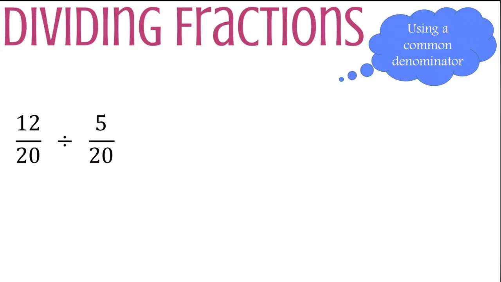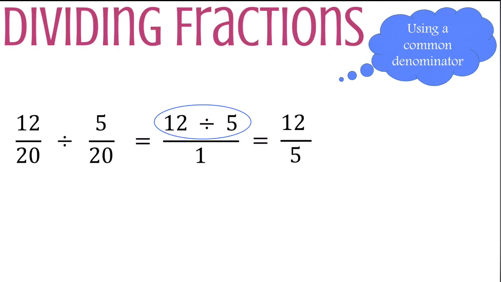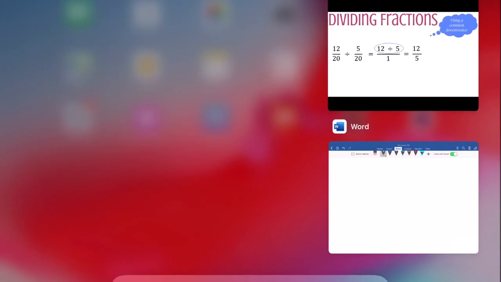Mathematically, we are simply dividing the numerators and dividing the denominators, giving us 12 divided by 5 over 20 divided by 20. Of course, 20 divided by 20 is going to give us 1. And we know that any number divided by 1 is itself. So we end up with an answer of 12 over 5. For those of you who may have forgotten how to turn an improper fraction into a mixed number, mathematically, I'm going to show you that right now. 12 over 5 means 12 divided by 5.